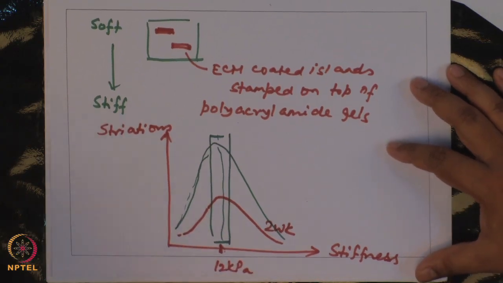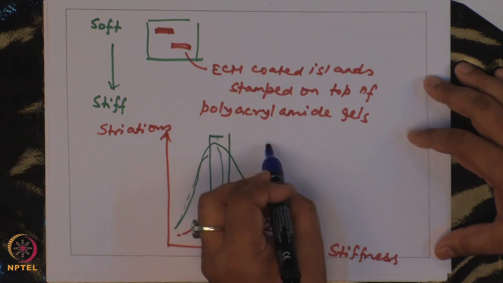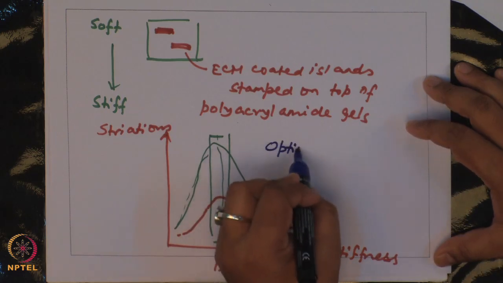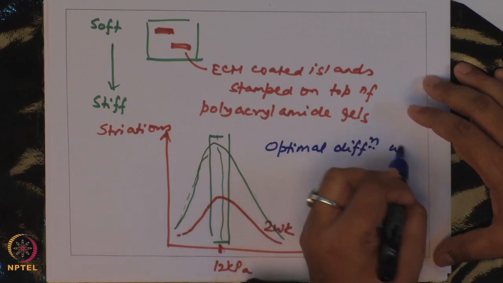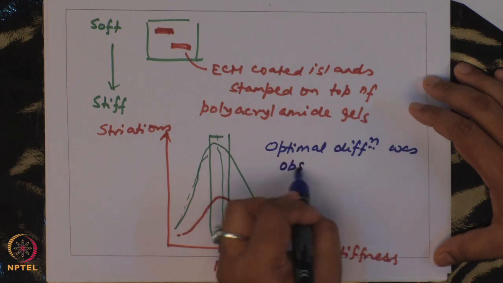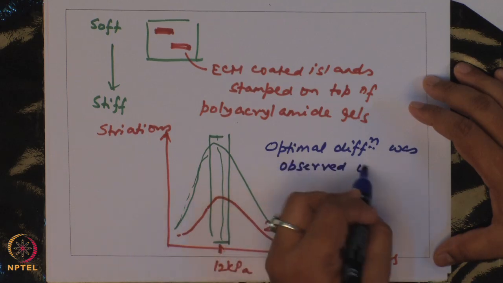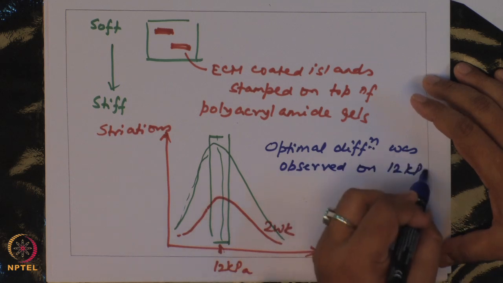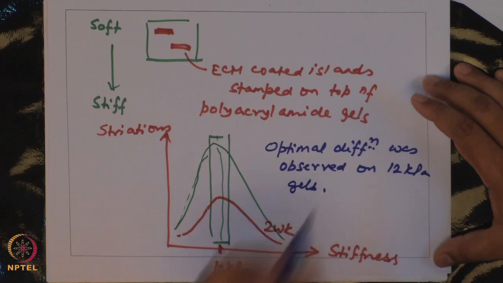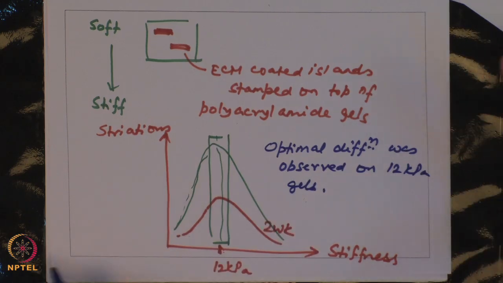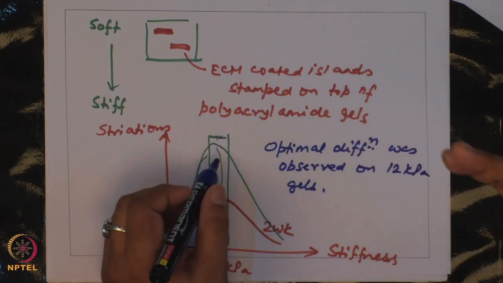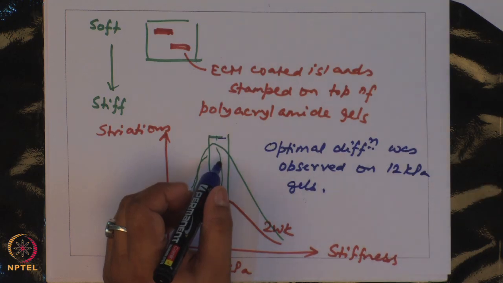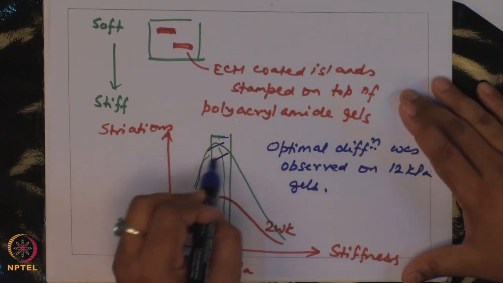Okay. So, this zone on which the cells optimally differentiated, so optimal differentiation was observed on 12 kPa gels. Okay. So, the obvious question was why is it that the cells are exhibiting maximum striation or maximum reorganization on these matrices.